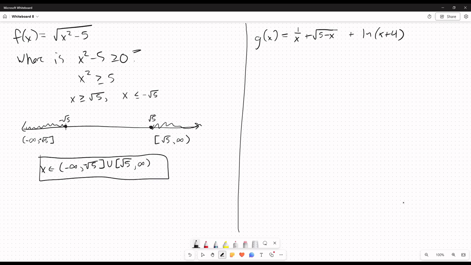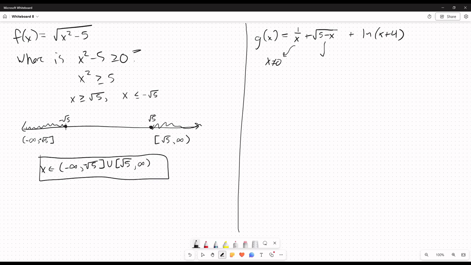Now, we have another problem, which is going to be a little bit more interesting. Here we have the function 1 over x plus square root of 5 minus x plus natural log of x plus 4. And each of these chunks needs to be defined. This chunk tells us that x can't equal 0.